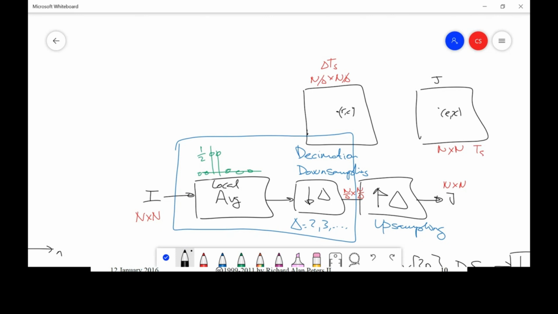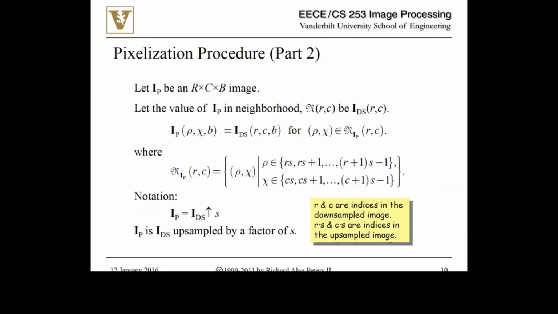So this point, the equivalent point, is R and C. And rho and chi go from 0 to n minus 1. R and C go from 0 to n divided by delta minus 1. So where your coordinates are, which is the space of your coordinates, is extremely important. So that is why we have spent some time trying to understand these expressions here.